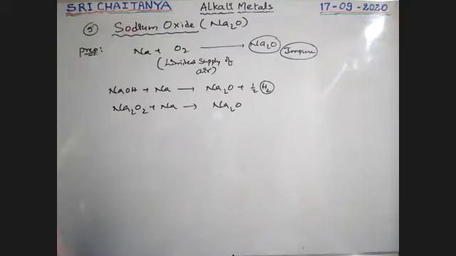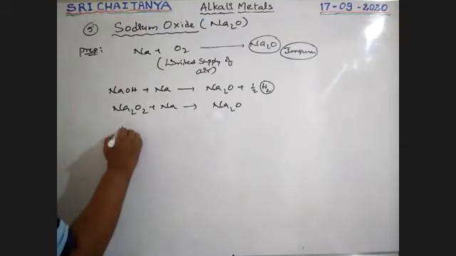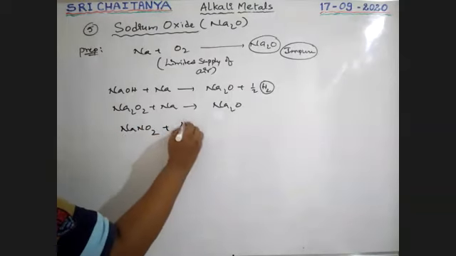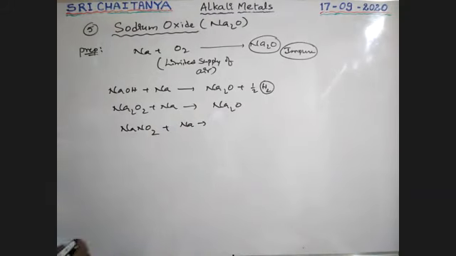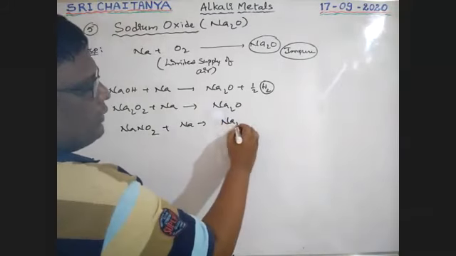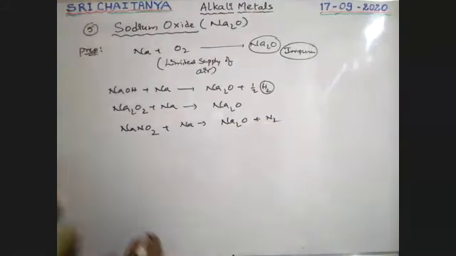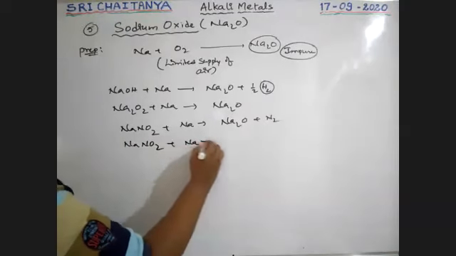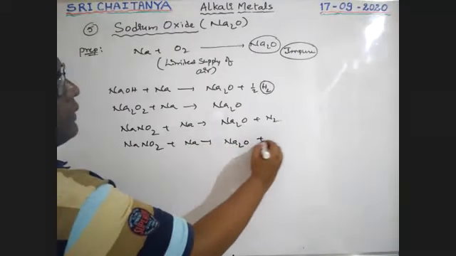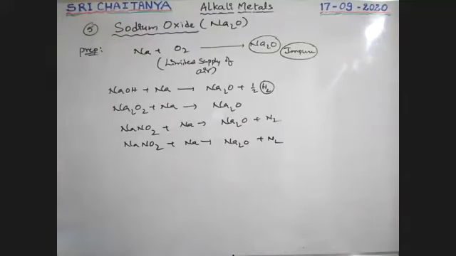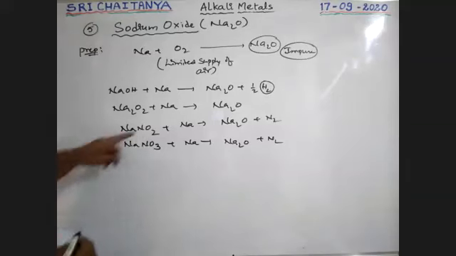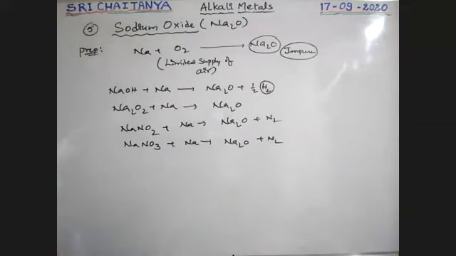Next, when NaNO2, sodium nitrite, reacts with sodium metal, that gives Na2O plus N2 gas. Next, NaNO3 also with sodium metal gives Na2O plus N2 gas. It is NO3, boys. Nitrite or nitrate, whatever it may be.